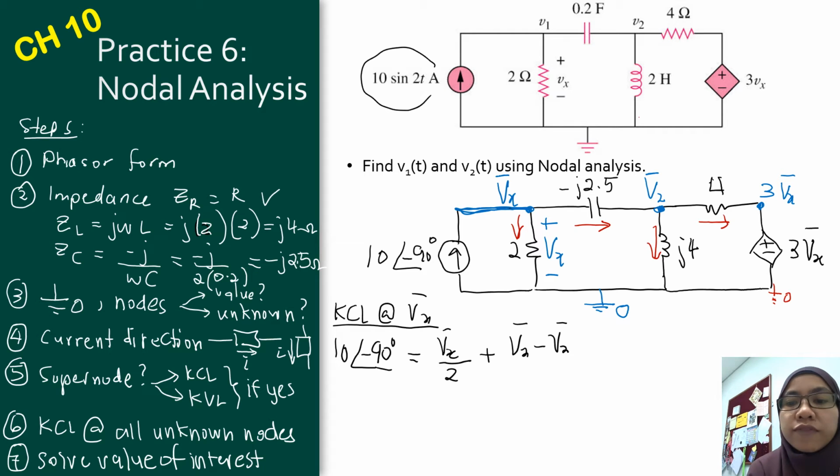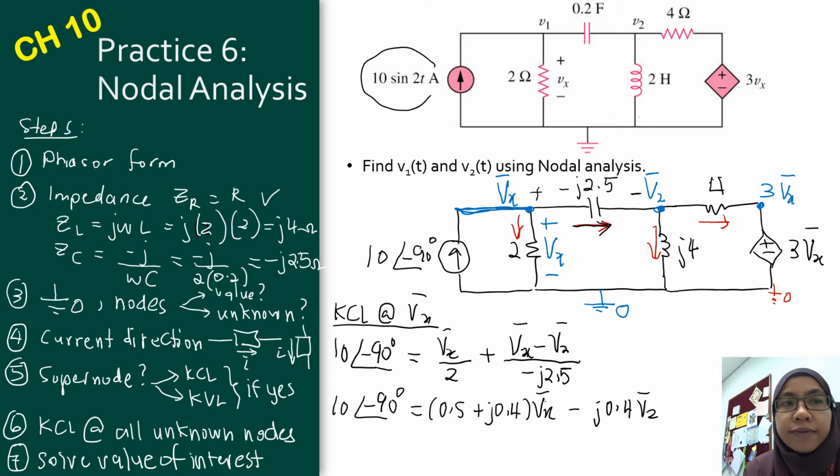You just follow the passive sign convention. Since the current is from left to right, we have a positive here and negative on the other side. So Vx minus V2 divided by negative j2.5. Simplify this equation and rearrange it, and you will get equation number 1.